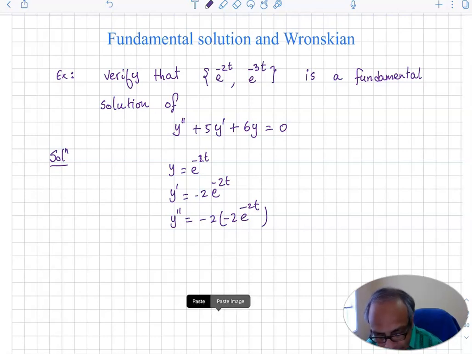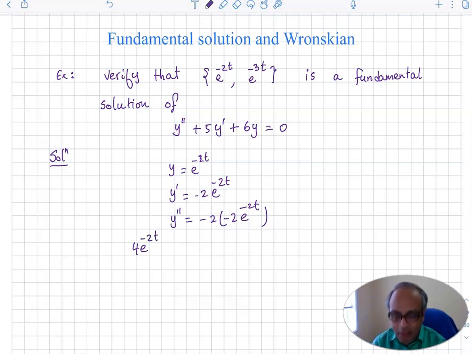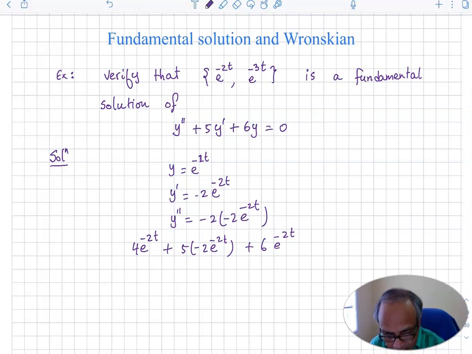y double prime is 4 e to the negative 2t, plus 5 y prime, so 5 times negative 2 e to the negative 2t, plus 6 e to the minus 2t, and I'm going to check whether this is going to be 0 or not. The middle term is negative 10 e to the power negative 2t.